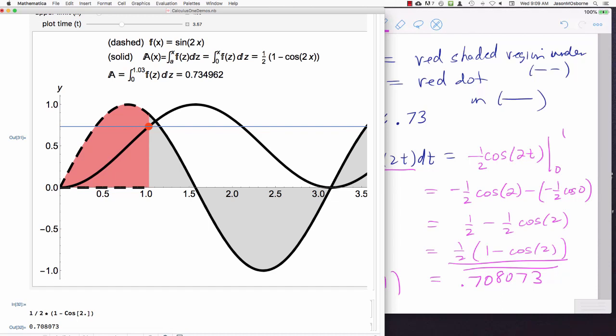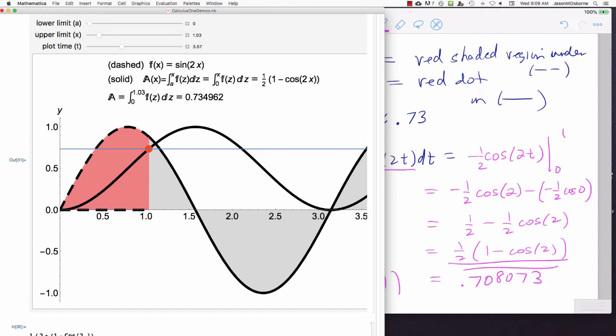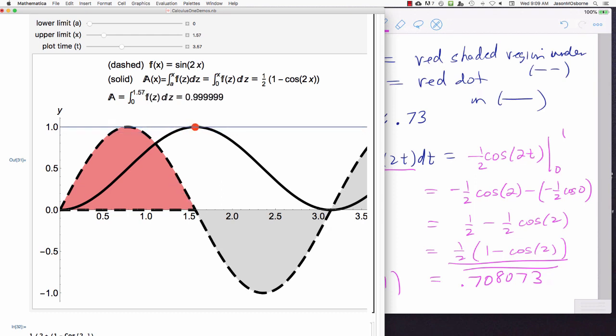Now let's return to another question. We can see that as you change x, right, the area is getting bigger and bigger and bigger. We're collecting more and more of that red region. So you can see that the red dot keeps increasing until it reaches a maximum at this value. Okay? What value is that?